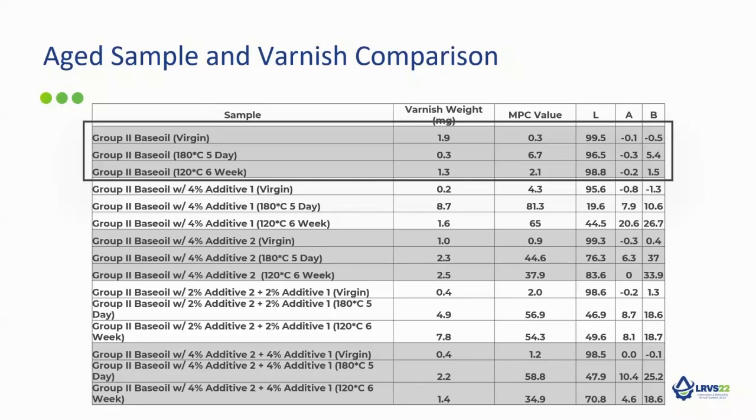For the remainder of the additive containing products, there is no correlation between varnish weights and MPC values. Group 2 oil exhibited a lower MPC value and resulted in fewer observed deposits than samples with antioxidant additives.